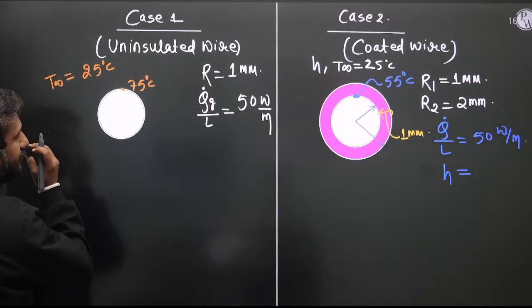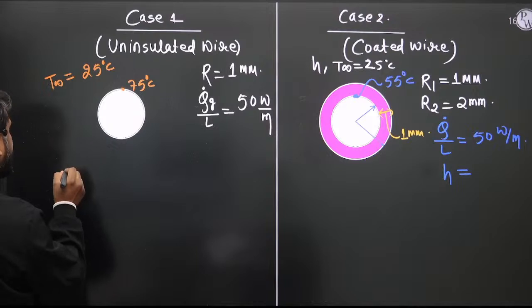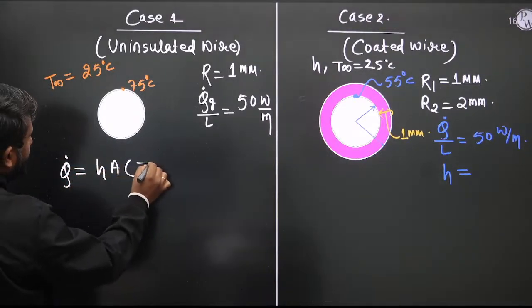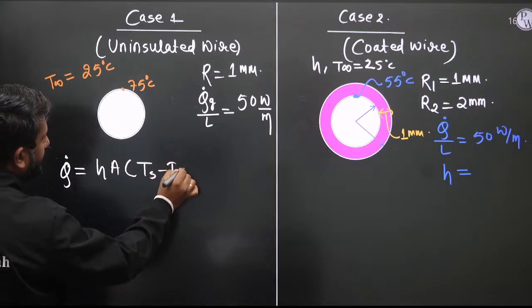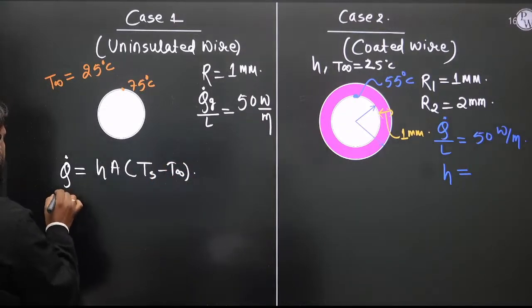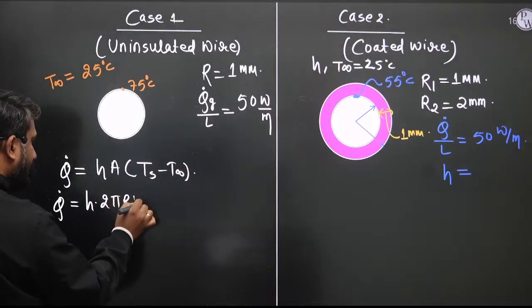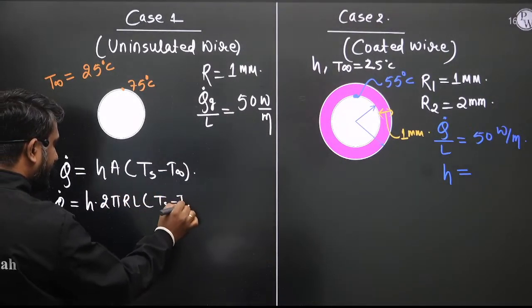If you apply convection heat transfer, Newton's law of cooling, we can write Q dot equals h times A times (Ts minus T infinity). A is 2 pi R L, so Q dot equals h times 2 pi R L times (Ts minus T infinity).